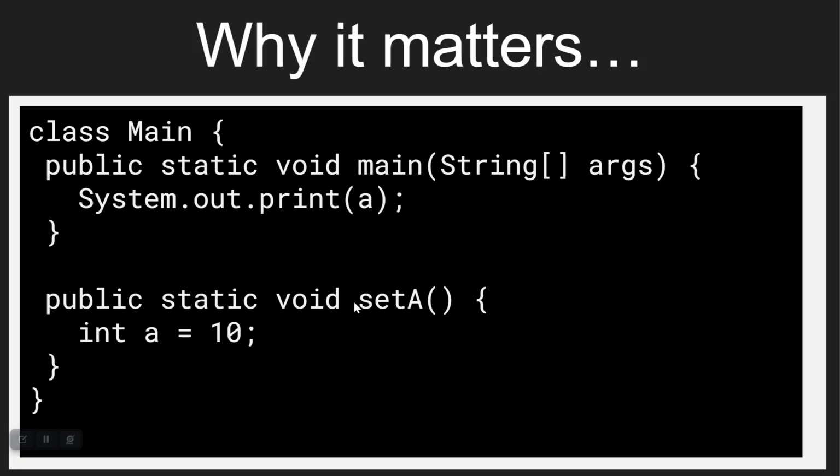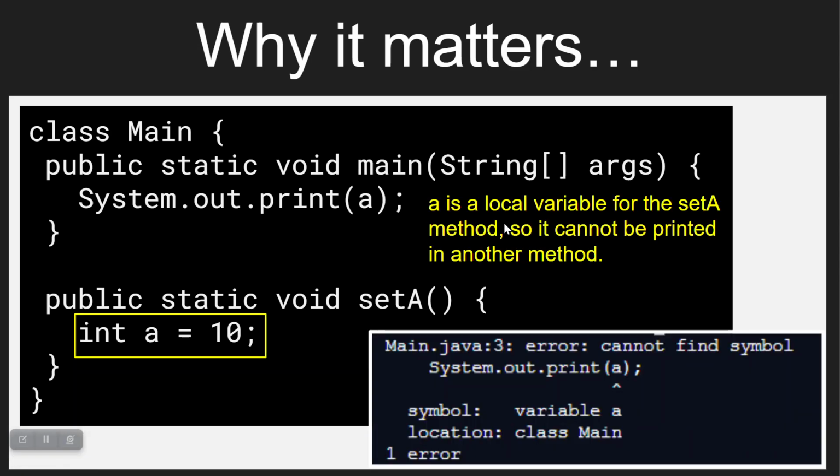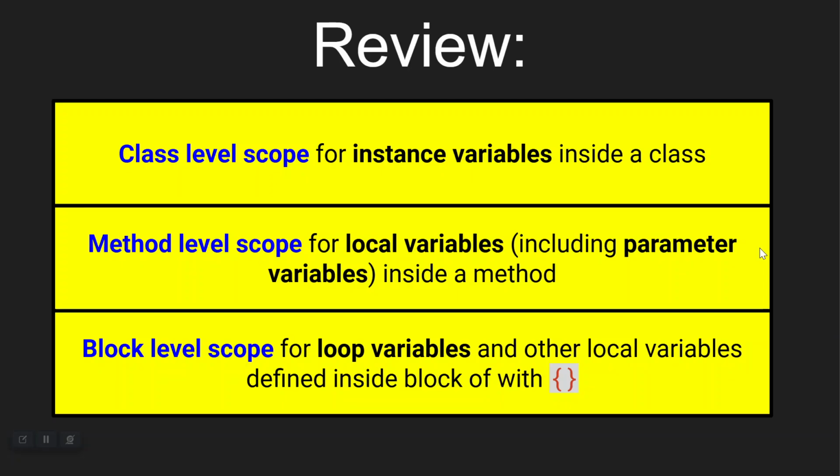Well, again, this is a local variable to this method. It is not available out there. So that's going to end up giving you an error like this. And it'll usually say something like cannot find symbol. So if you get that error message, then that's a good indication that you violated scope.